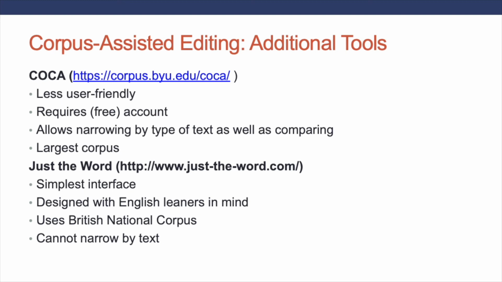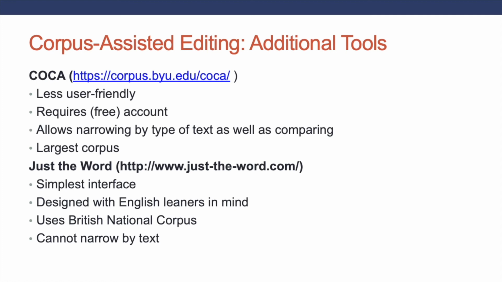It has a lot more options for filtering and narrowing your search. You can also do comparisons in COCA, and it uses the largest corpus of any of these tools. So if you're looking for a really robust corpus, this would be the one to use, though it does require a little bit of learning to get used to the interface.